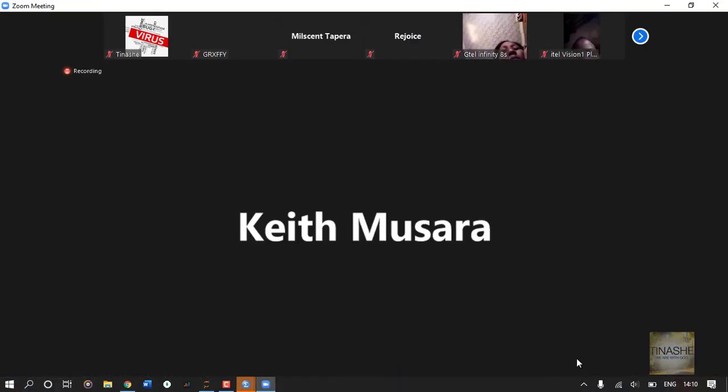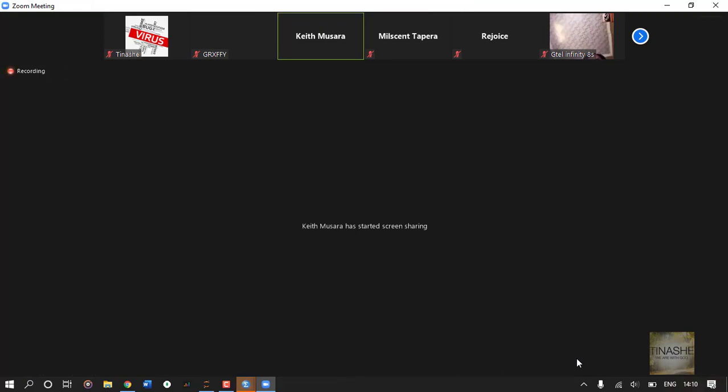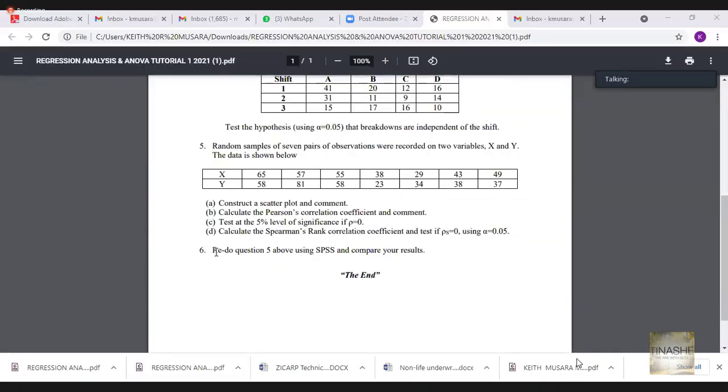In tutorial number 1, the last question, which is number 6, says: redo question number 5 above using SPSS and compare your results. Question number 5 said random samples of 7 pairs of observations were recorded on 2 variables, X and Y. In A, you are asked to construct a scatter plot and comment on the relationship. In B, calculate the Pearson correlation coefficient and comment.